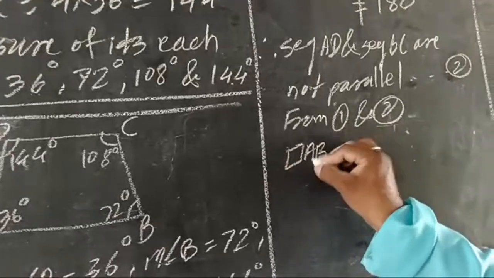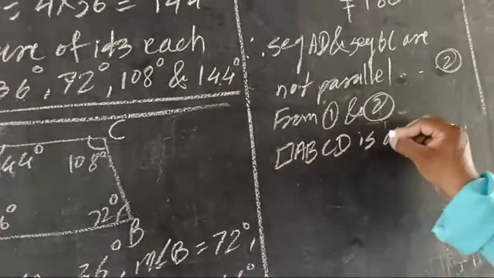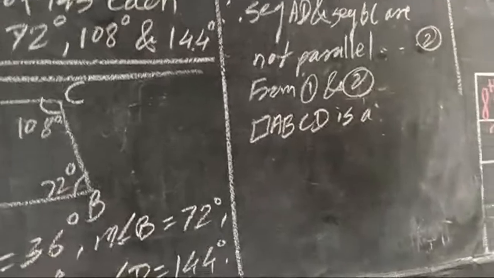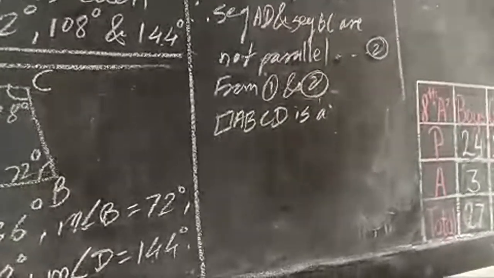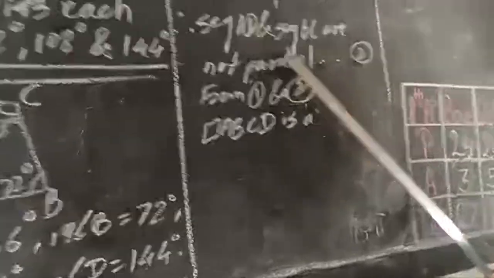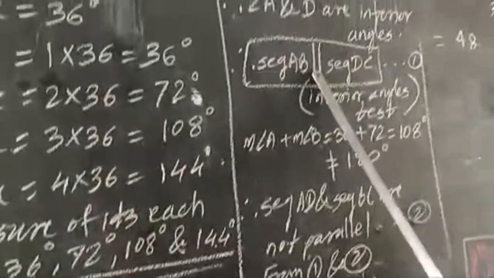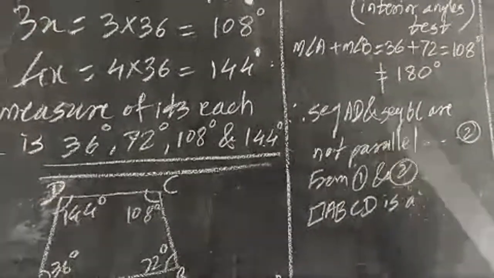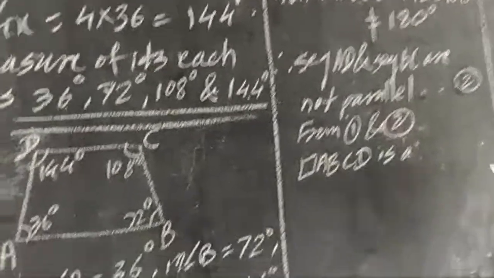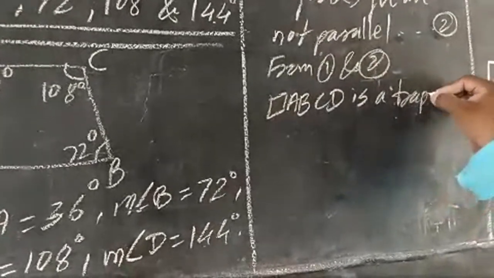quadrilateral ABCD is which type of quadrilateral? Here only one pair is parallel, another pair is not parallel. It is a trapezium. Yes, good.